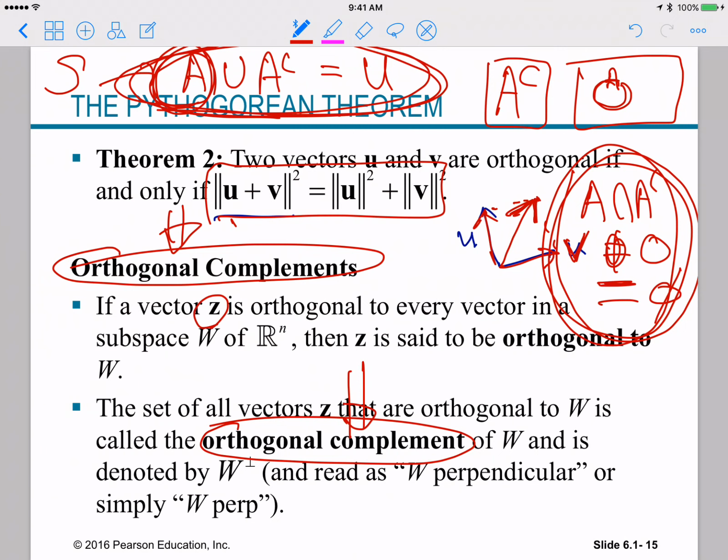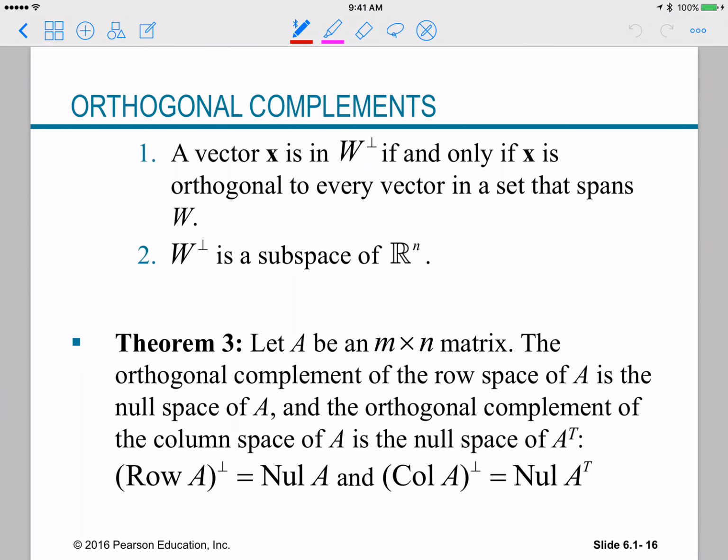Again, when thinking about this orthogonal complement, we were thinking of this. We start with some maybe five-dimensional entire space, and then we consider some subspace W, which of course is closed under linear combination.